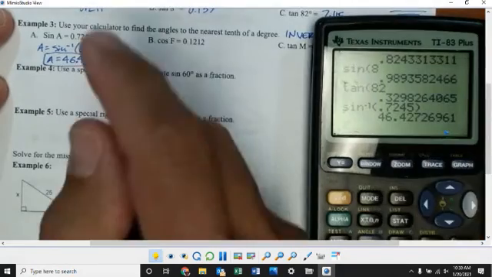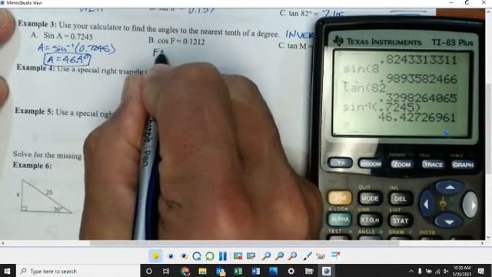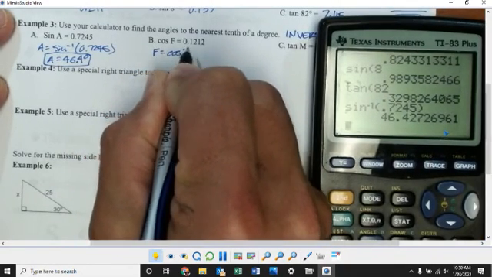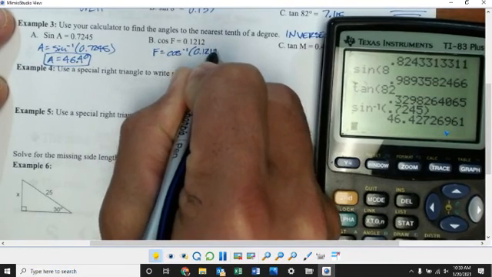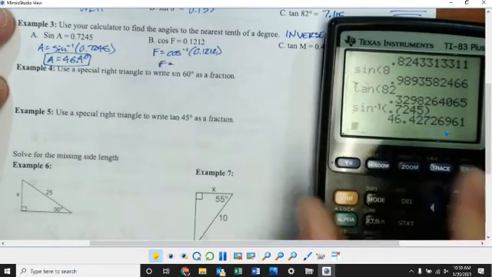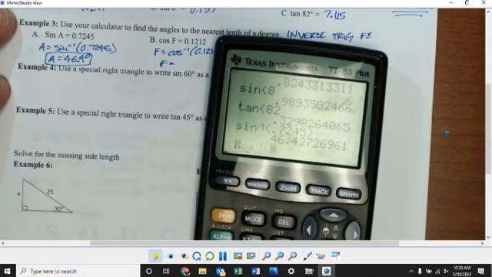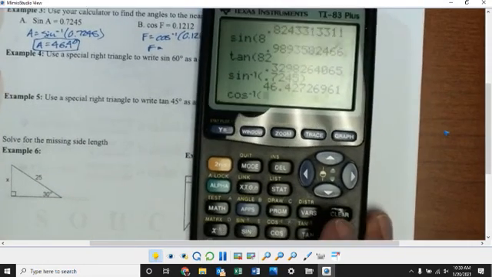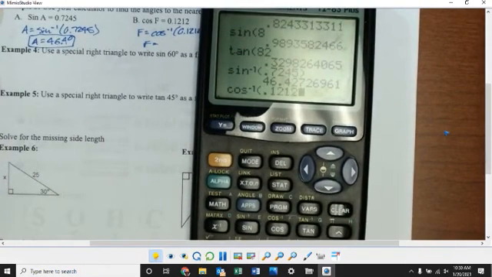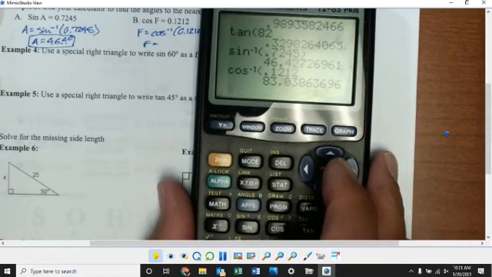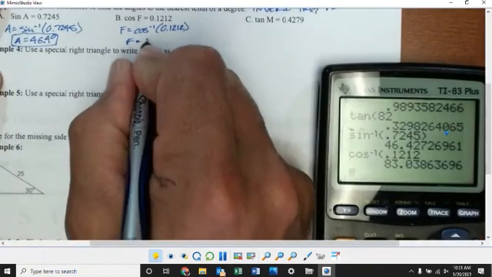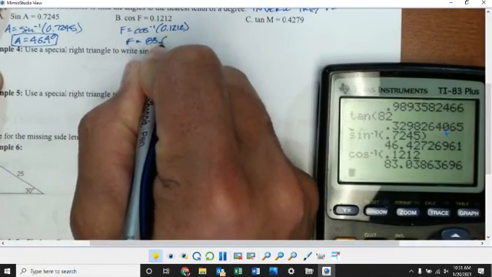So if it's cosine F, I'm going to say F is equal to cosine inverse of 0.1212. So F is equal to second cosine of 0.1212 is 83.04 degrees, or 83.0 degrees.